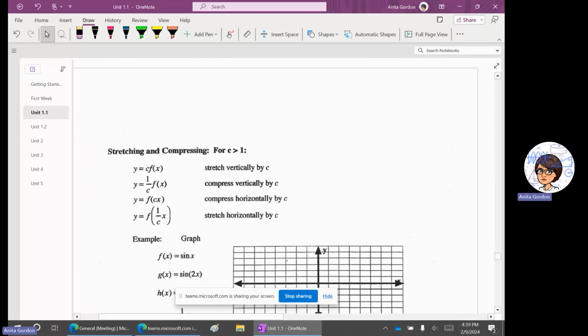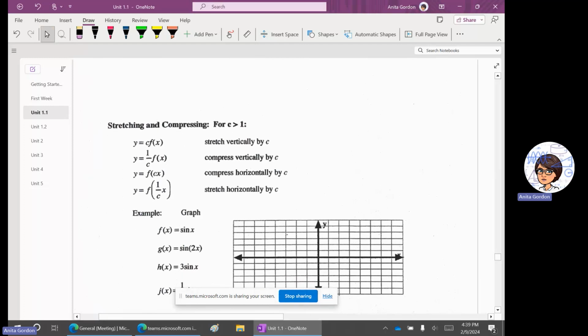Let's move on to our next page here. All right, the next thing that we learned in Pre-Cal 12 is to do stretches and compressions. So if C is a positive number greater than 1, so we are multiplying the function by C, we are stretching it vertically by C, and we call this an expansion.